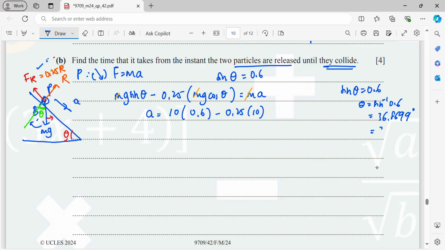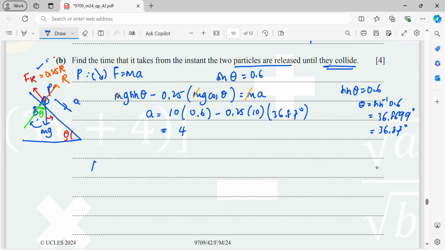Then I will just say this is 36.87 degrees, because I need that value for the calculation, that's why I give two decimal places. And then when you calculate this, that is going to be 4. So it means that from B to C, the A reduced to 4 meter per second squared.